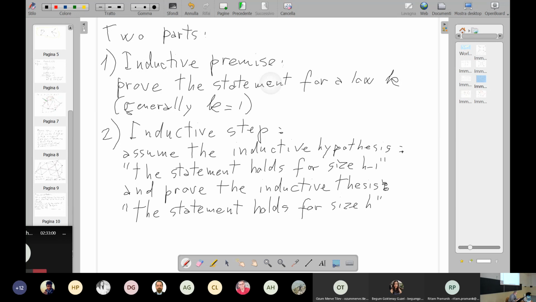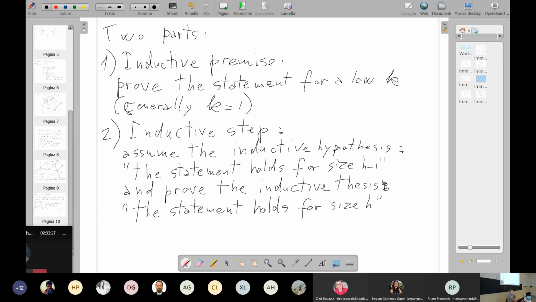this looks a bit creepy. Why? How can you assume as hypothesis what you have to prove? But actually, this is very much like a recursive construction. If you have ever done a recursive construction, you make what is called initialization, don't you?